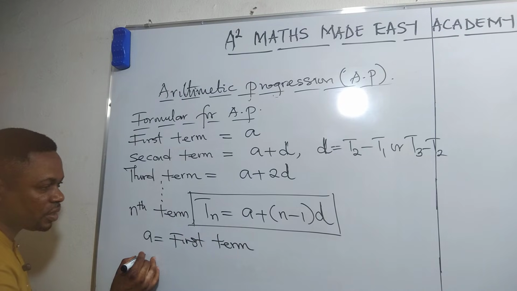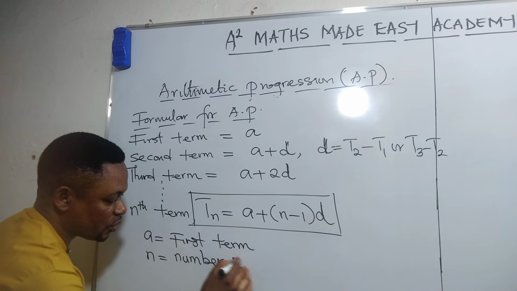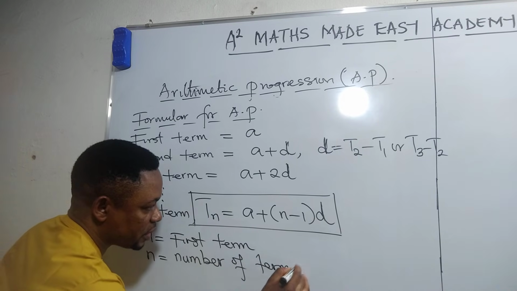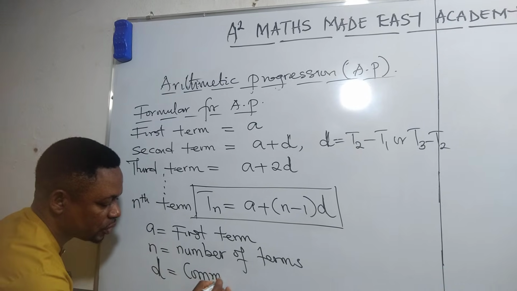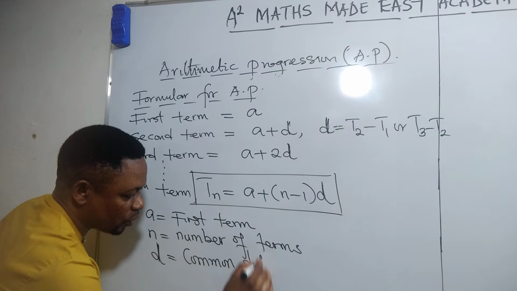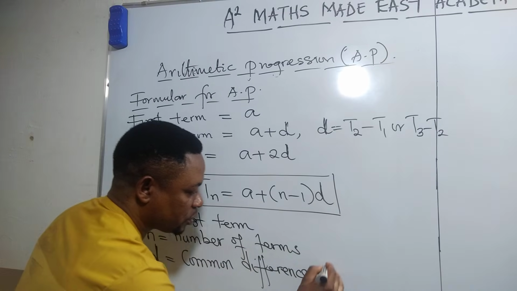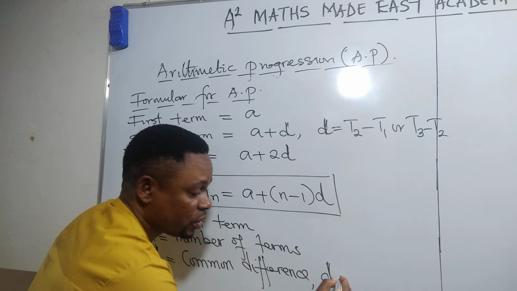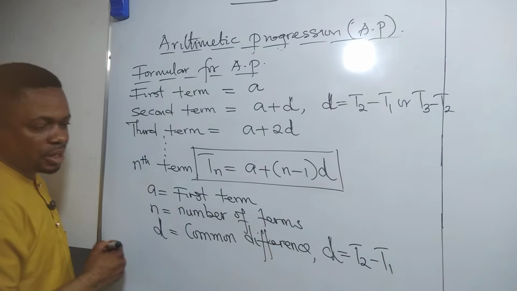That is the meaning of A. Where n means the number of terms. What did I say? Number of terms. While D means the common difference. And don't forget that I was able to relate to us that the common difference is the same thing as T2 minus T1. Are you with me now?